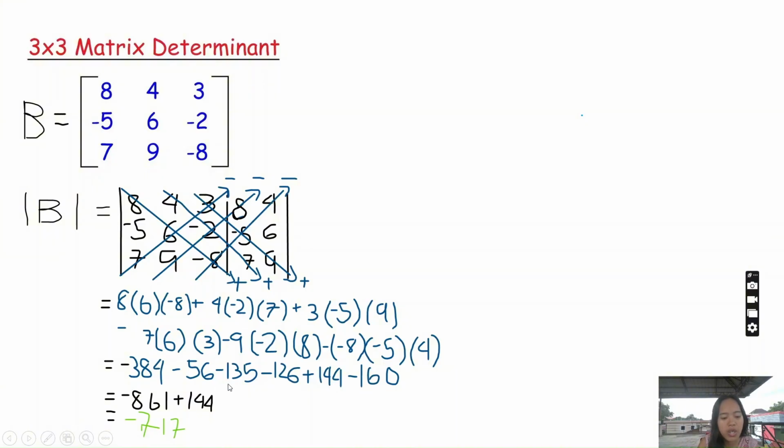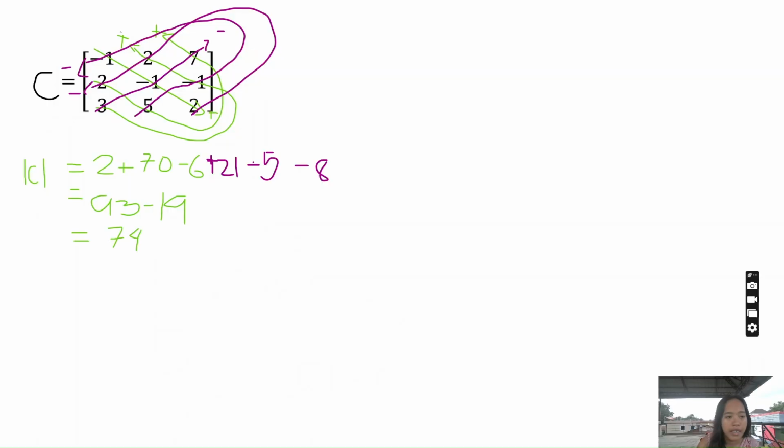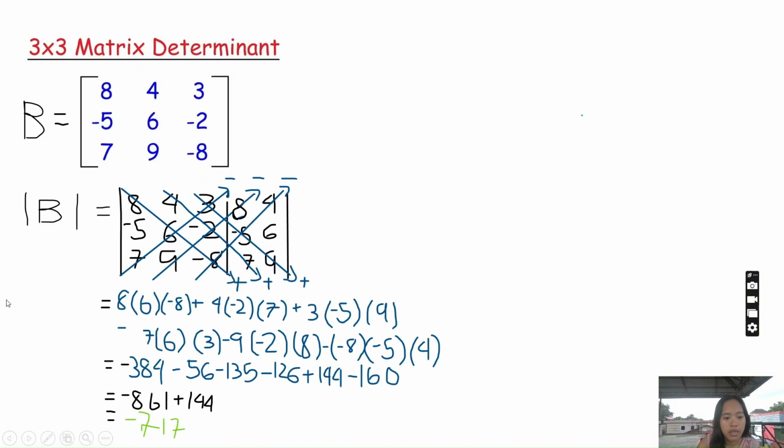Further solving, we get negative 861 plus 144, and we obtain negative 717. So our determinant for B is negative 717.